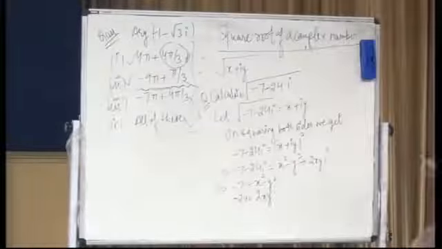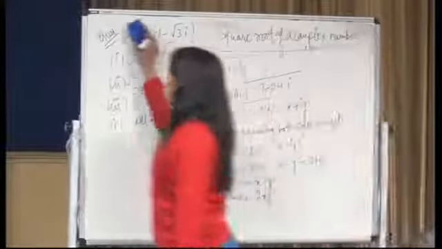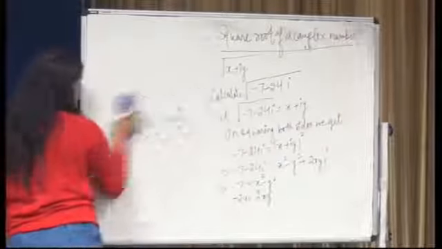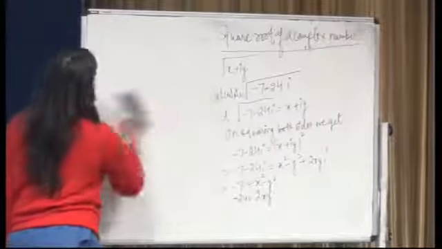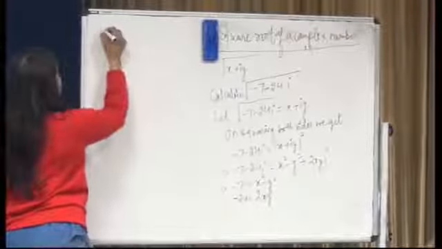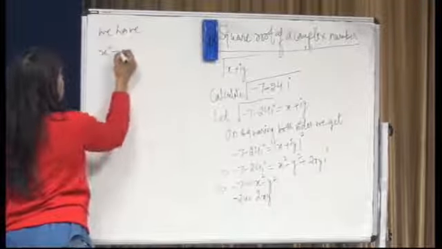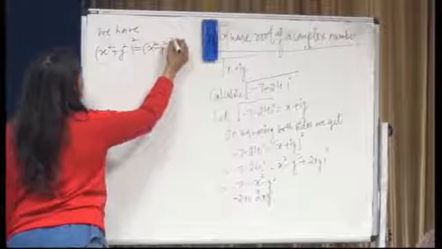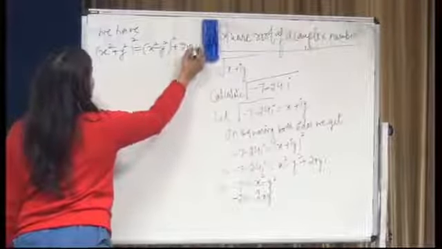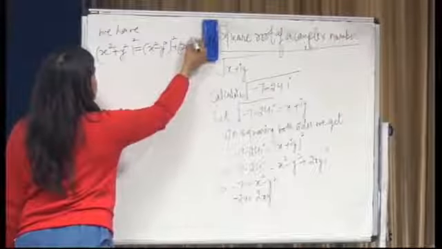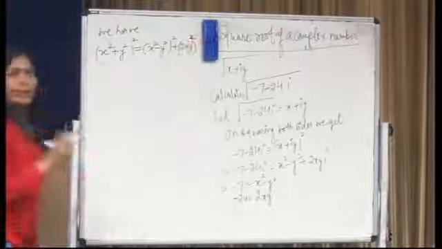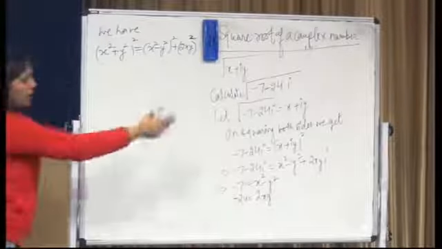Now after this, if you learn one formula, the calculation will be very simple, and that formula is x square plus y square whole square equals 4x square y square, or you can write it like this, the same thing. I am writing it as 2xy whole square because my terms are like this.